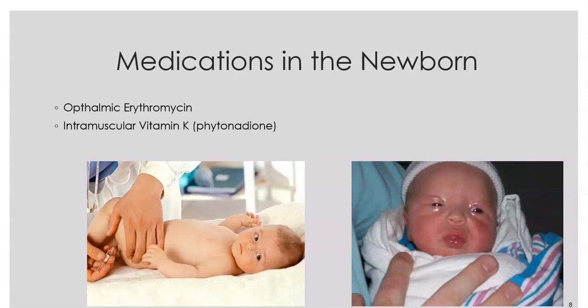So their liver takes a little while to start producing that vitamin K. So we give them an injection just in case there are any issues with bleeding. The administration of these medications is shown on page 573. Hopefully, if you haven't already, you will get the opportunity to administer these in your clinical sites.